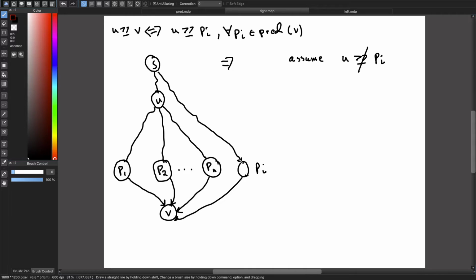But then we have a problem, because now U does not dominate V, which contradicts the assumption, which means that it must be the case that U dominates each predecessor of V. So that is wrong.